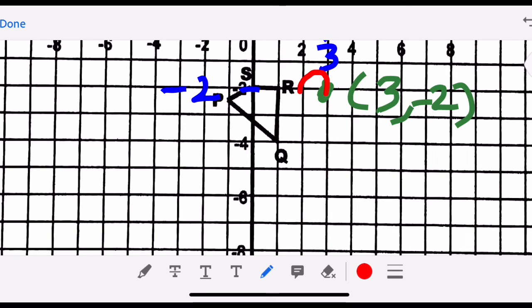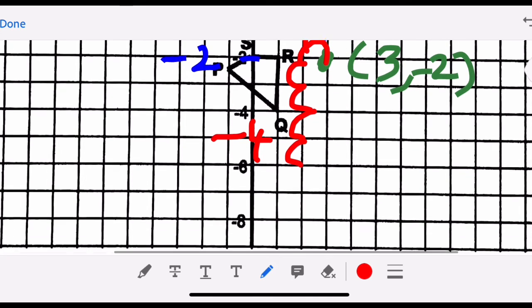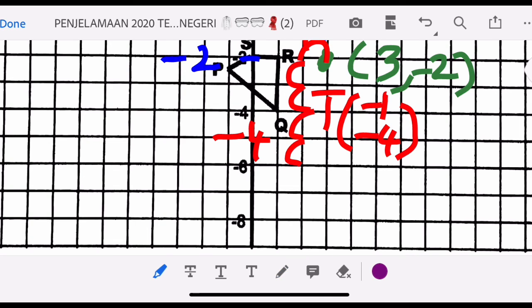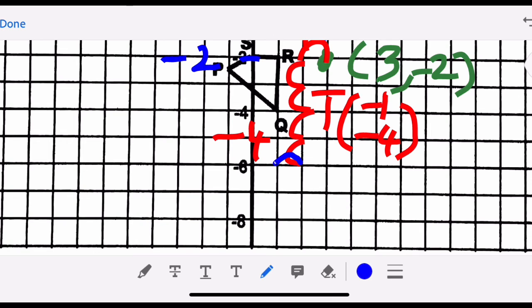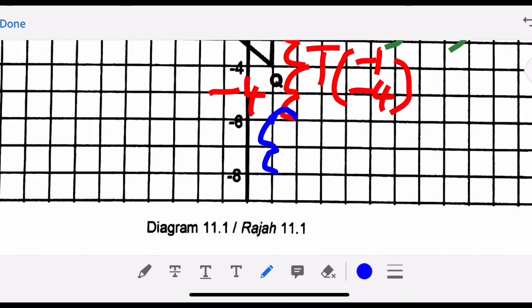First, bring it 1 unit to the left, then go down 4. So (-1, -4). We have done one translation of (-1, -4) already.